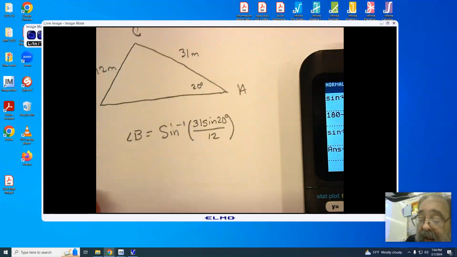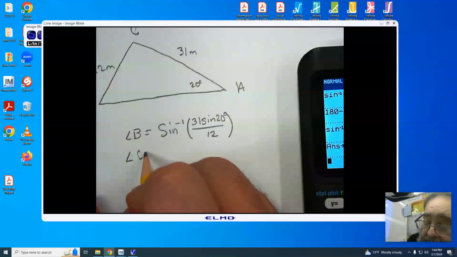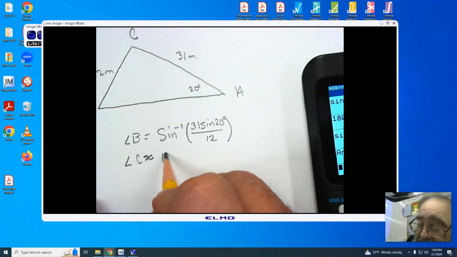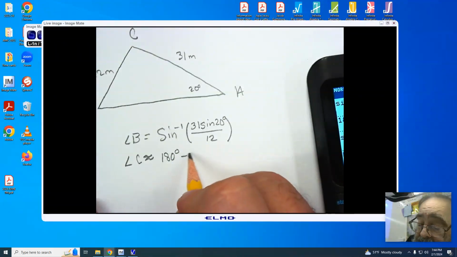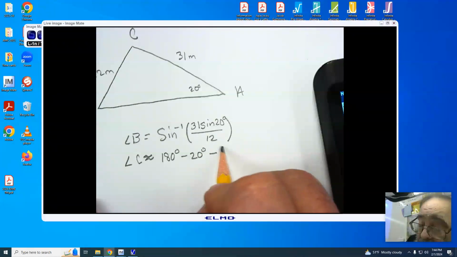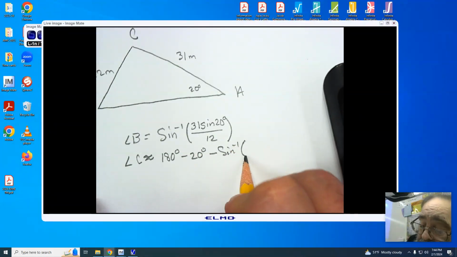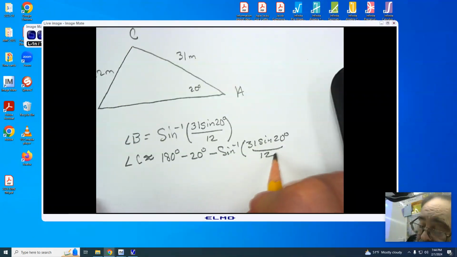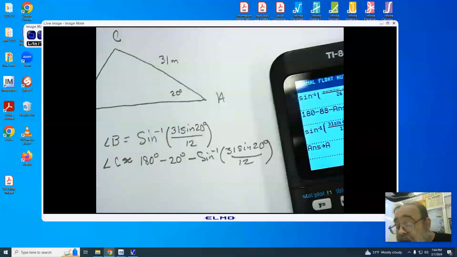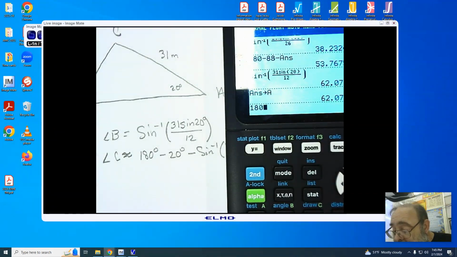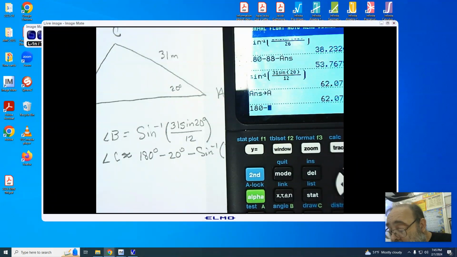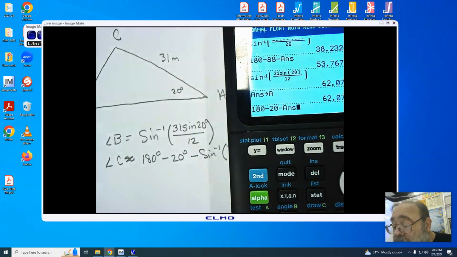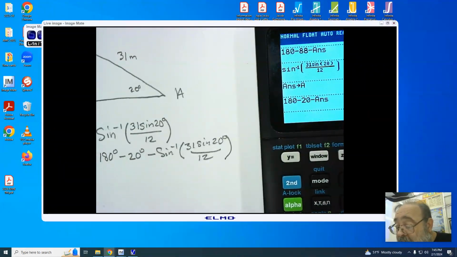I'm going to now find angle C. Angle C is also an approximation, and I'm going to find it by taking 180 degrees minus the 20 degrees minus the arc sine answer that I just found, 31 sine of 20 degrees divided by 12. When I find this answer, I want to keep it in my calculator.